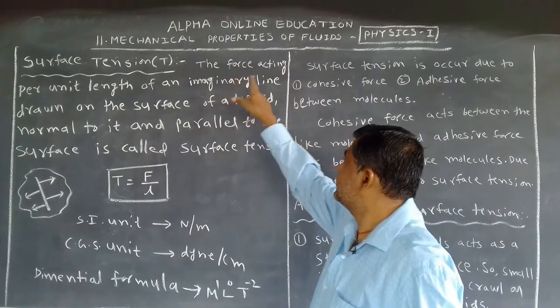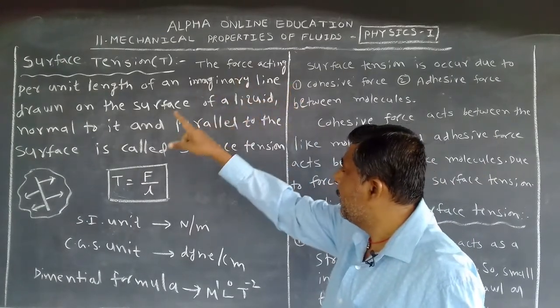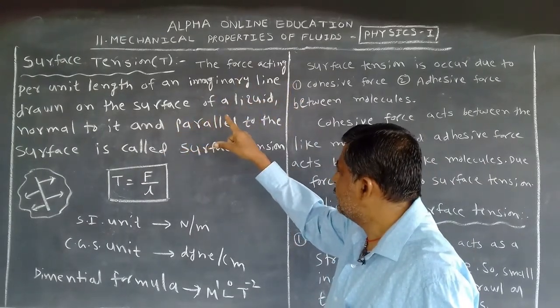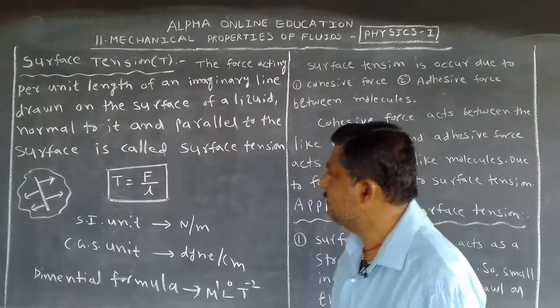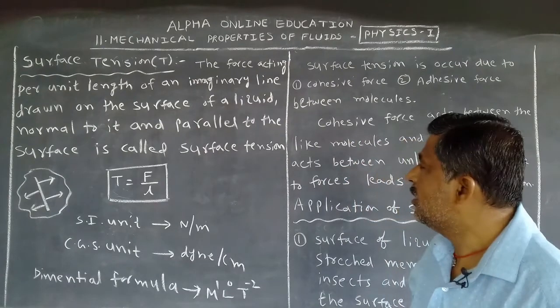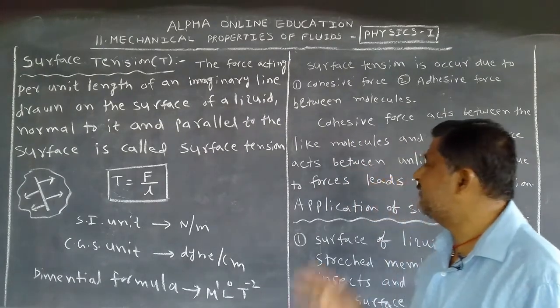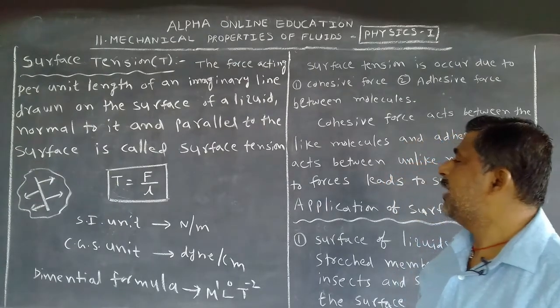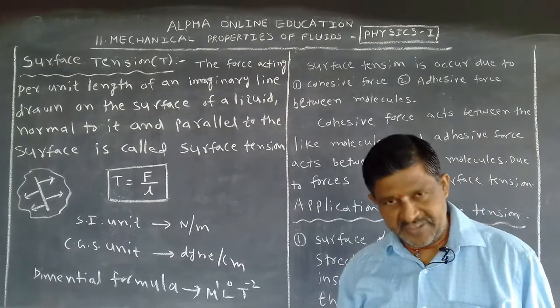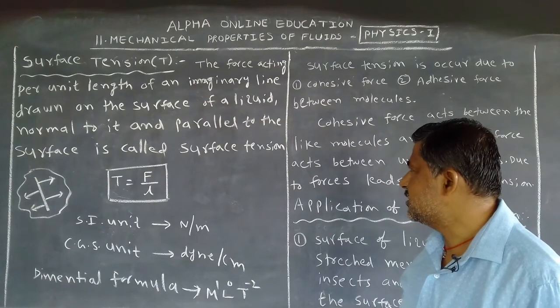The force acting per unit length of an imaginary line drawn on the surface of the liquid, normal to it and parallel to the surface, is called surface tension.